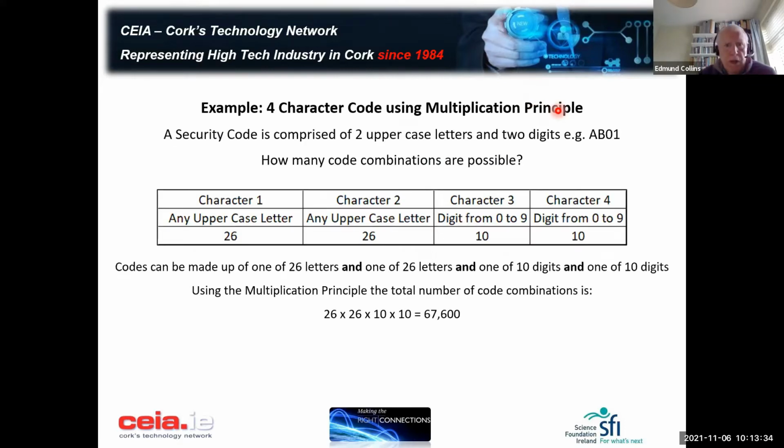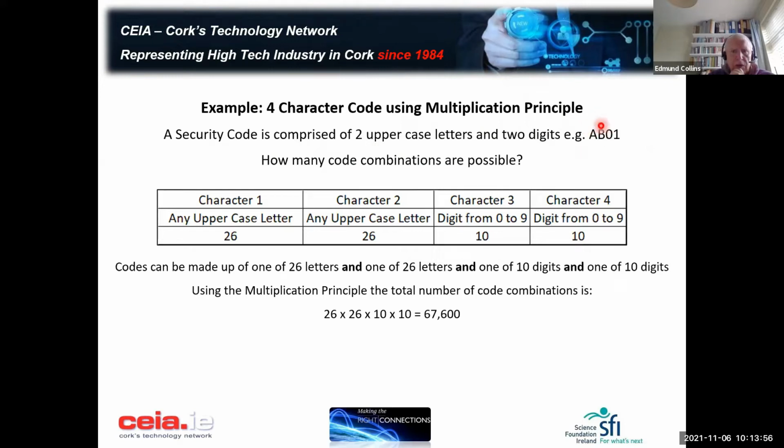Here's an example, a bit more complicated, but it shows how the multiplication principle could be used in a security code, for example. So the security code is to be comprised of 2 uppercase letters and 2 digits.